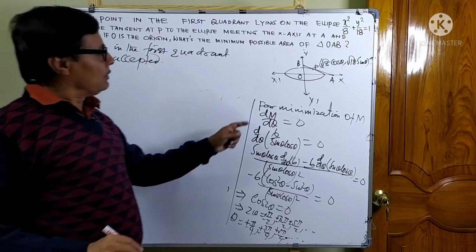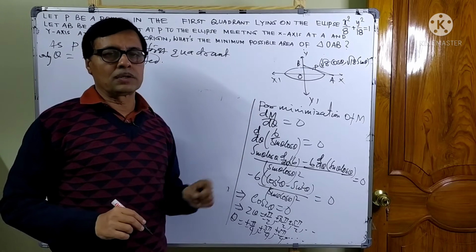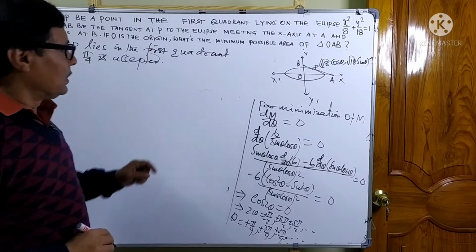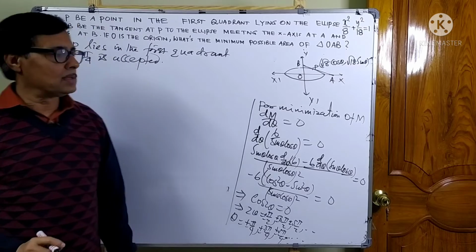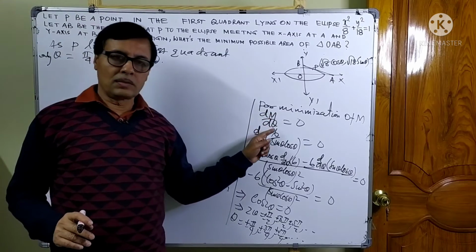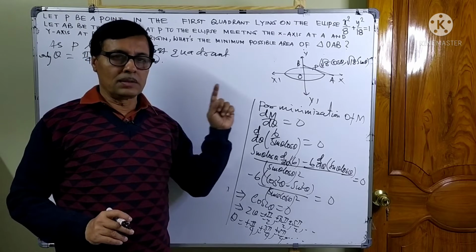Now we have to verify the sign of the second order derivative for confirmation of minimization. For confirmation of minimization, the second order derivative of M with respect to theta at theta equal to pi by 4 must be greater than 0, that is positive.